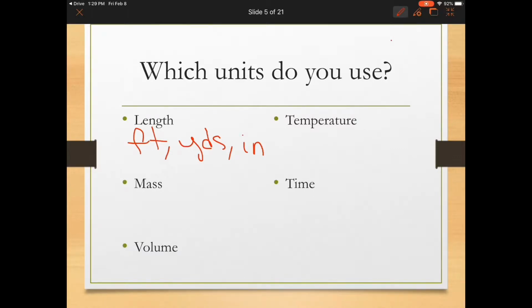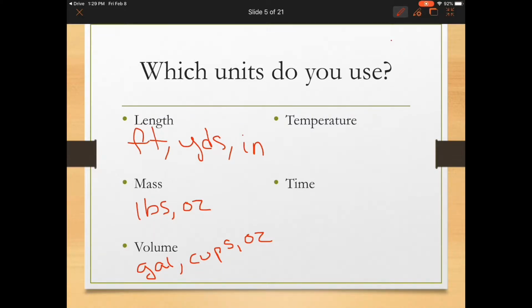The units that we generally use for mass are pounds and ounces. The metric system uses grams and kilograms. For volume, we generally use units like gallons, cups, and ounces. There are many more, but these are the three that we typically think of. The metric system uses liters and milliliters.